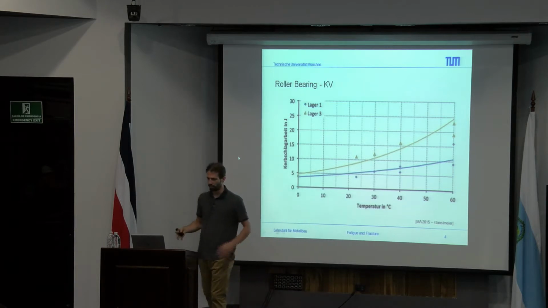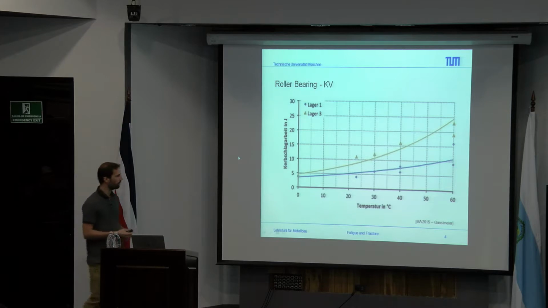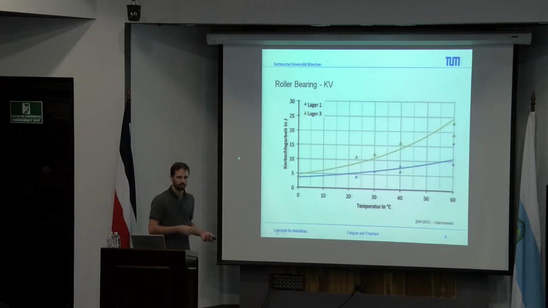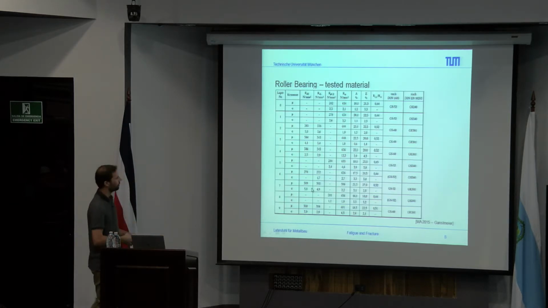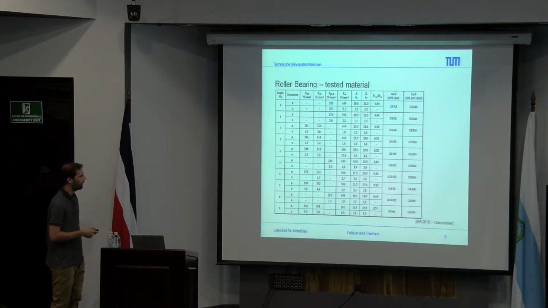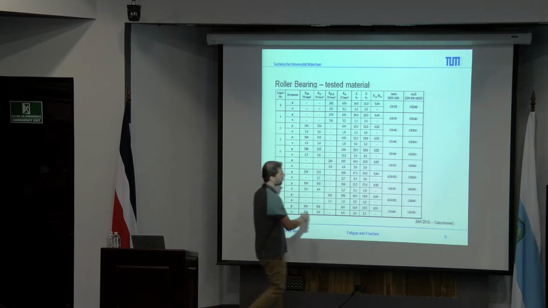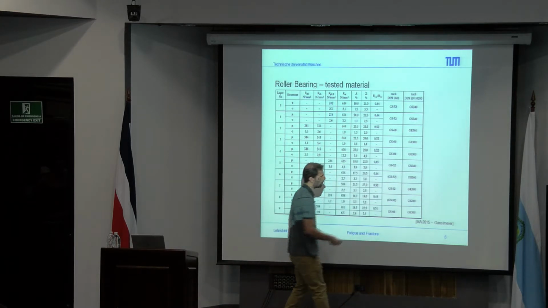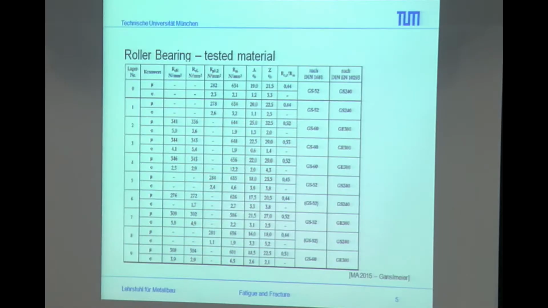And so we could go and investigate, or it was done to investigate, different specific material parts in our roller bearings, and also due to this at the end say, okay, to which material this could correlate to the definition according to some standards.